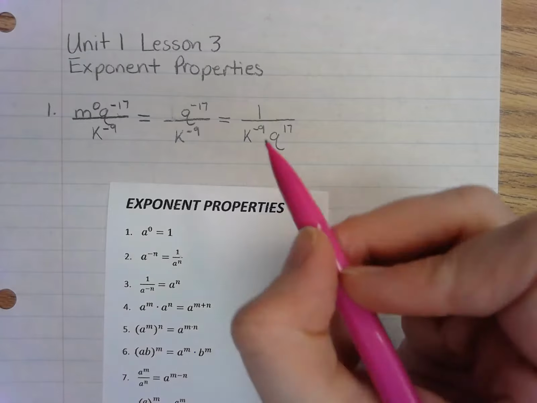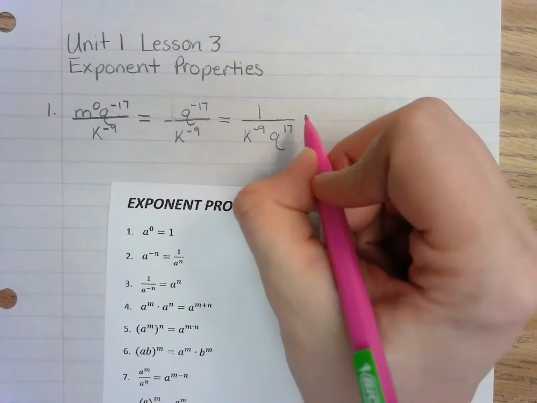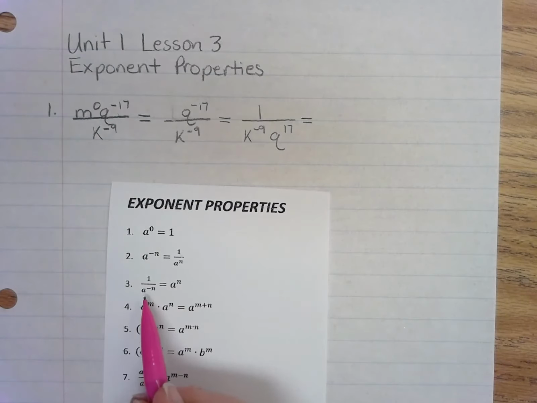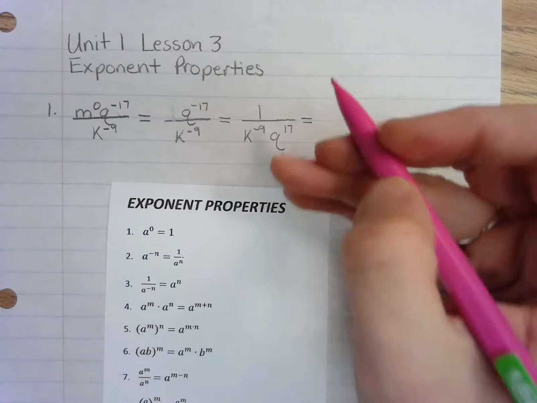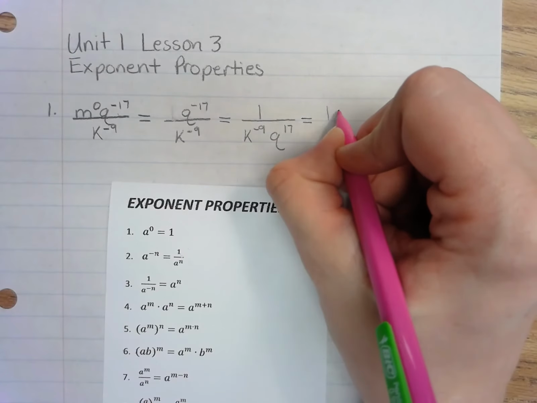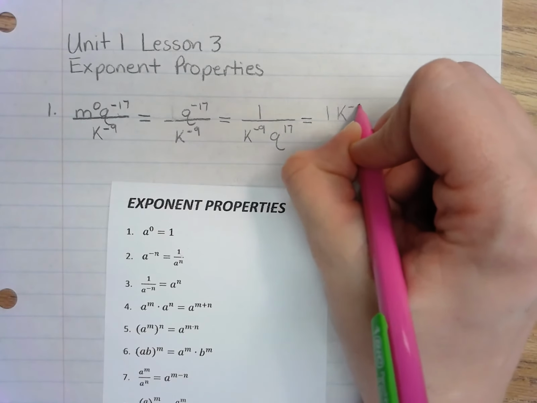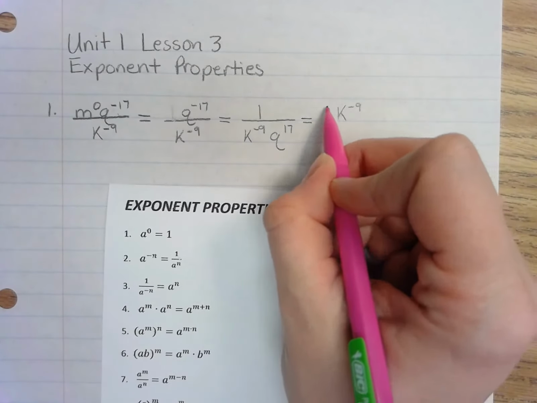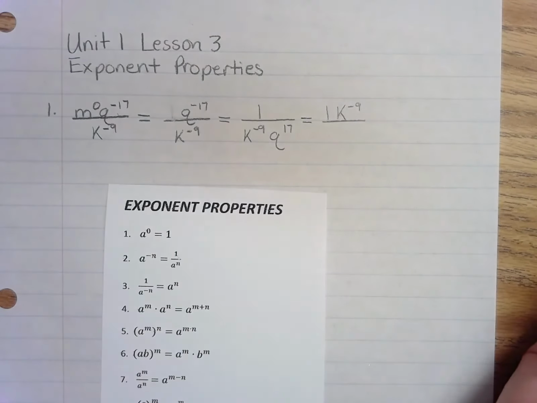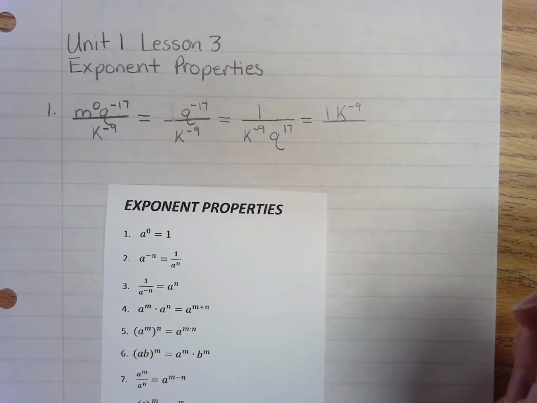So our last part is to deal with this k to the negative 9th. Well, just like the q, if it's negative, it can be flipped now to the numerator in order to become positive. So this k to the negative 9th will be moved to the numerator, so 1k to the negative 9th. Once again, it would not be necessary to write the coefficient of a 1, but since you had it there from the step before, you might want to keep it.